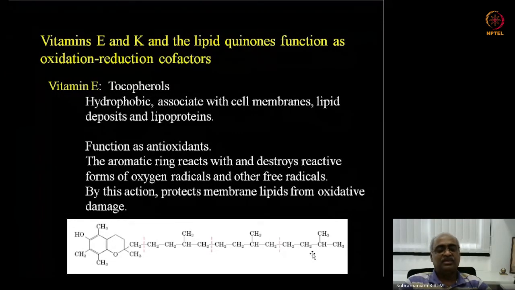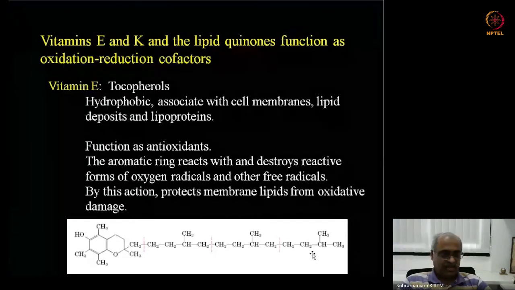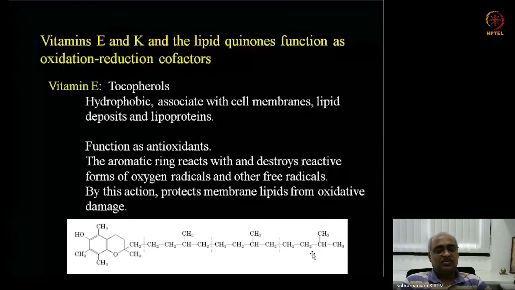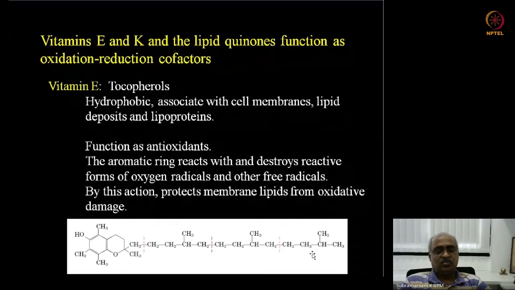For that, the free radicals that are produced need to be scavenged, and that is done by molecules that can readily take up electrons, and they are called antioxidants. So we have two kinds of antioxidants. One that needs to function in the membrane phase, and another one in the aqueous phase.